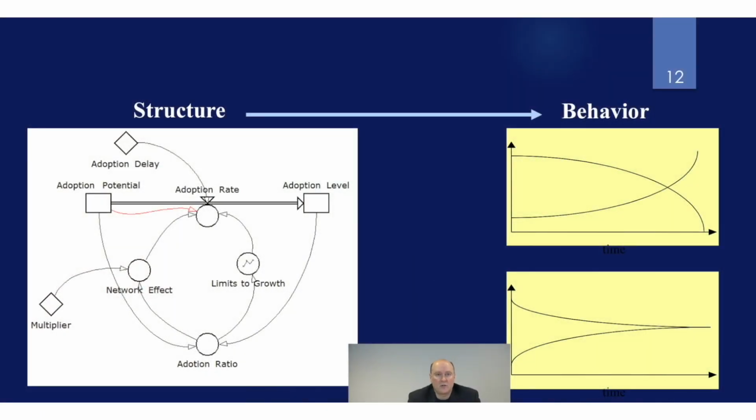Now, to go back to our earlier adoption model, this on the left-hand side is called a structure. And when we're conducting system dynamics work, what we're trying to do is to look at how structure on the left-hand side influences behavior on the right-hand side. Typically, when we have access to data, what we observe are trends over time.